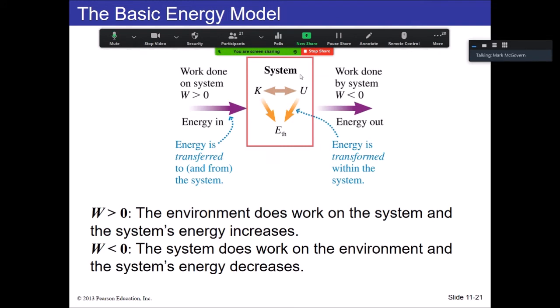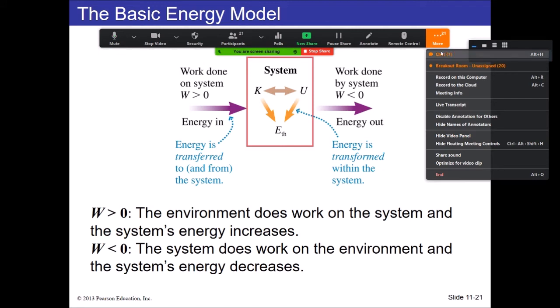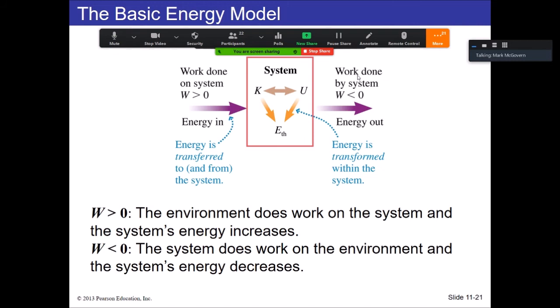There is an environment, though, and the environment can add energy into the system or take energy out. If work is done on the system, we say that's positive work, and energy is being added to our system. Now, the system can do work on the environment, and that would remove energy from the system, and we would call that negative work.